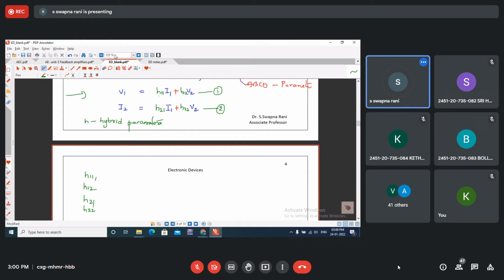And the definitions of the H parameters are as follows.